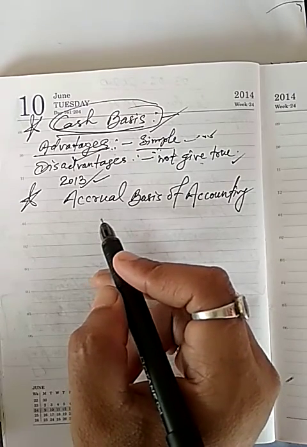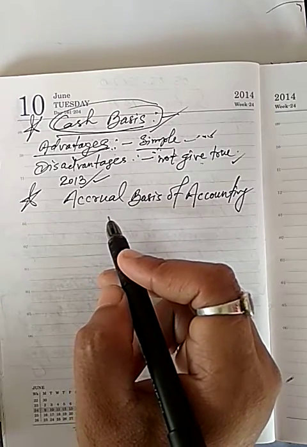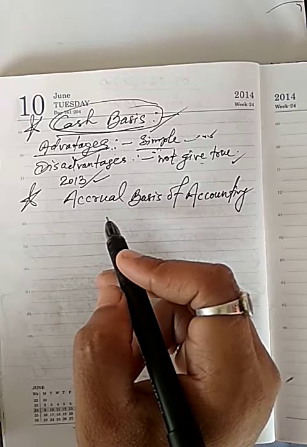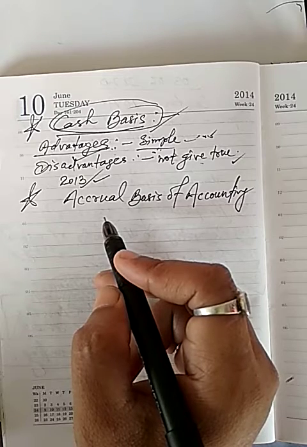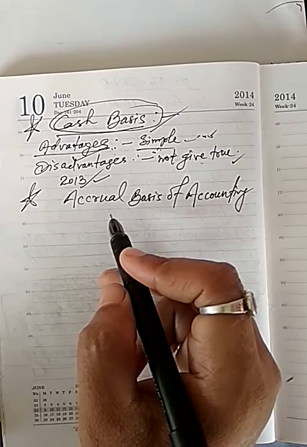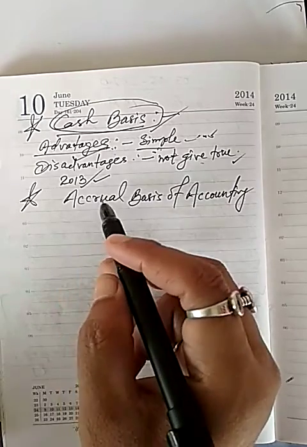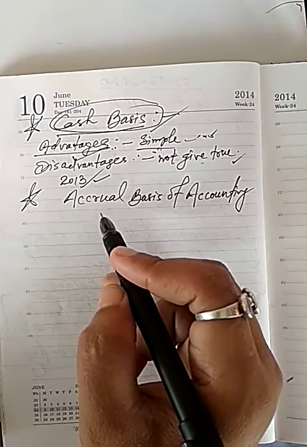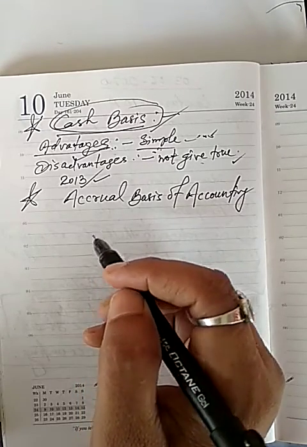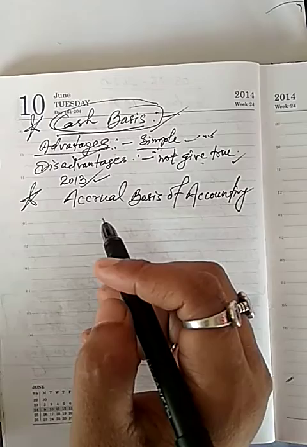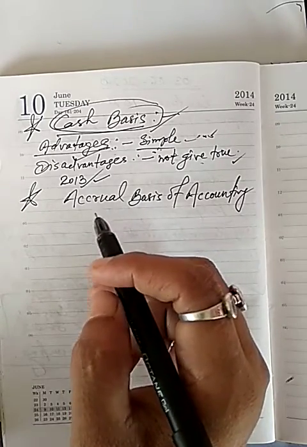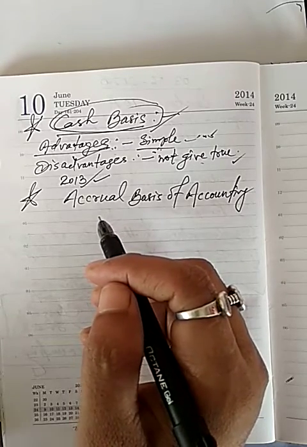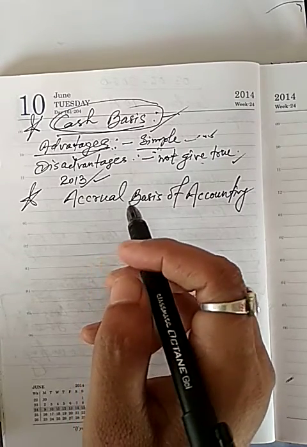Similarly, expenses are recorded when they are incurred or become due, and not when the cash is paid for them. For example, rent due to the landlord but not paid will be treated as an expense for the period when it is due and not in the period when it is paid.